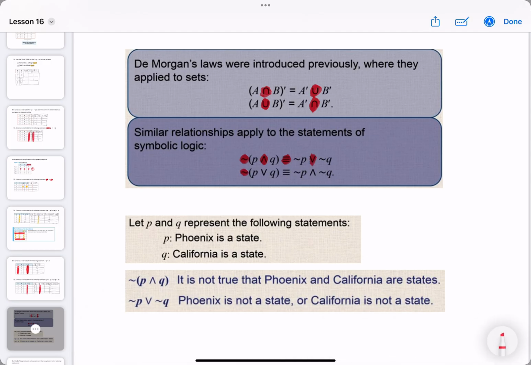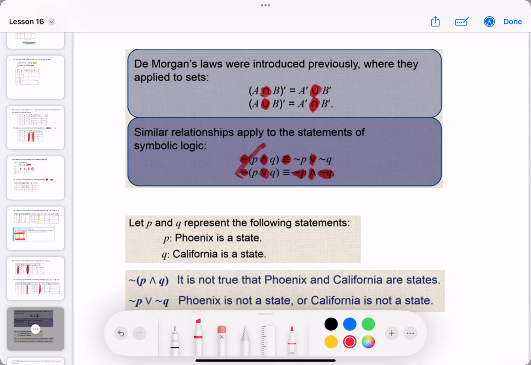If I want to clear the parentheses, distribute the negation into the parentheses, P becomes its opposite, Q becomes its opposite, and the relationship between P and Q changes from or to and. This is very interesting, the De Morgan laws.